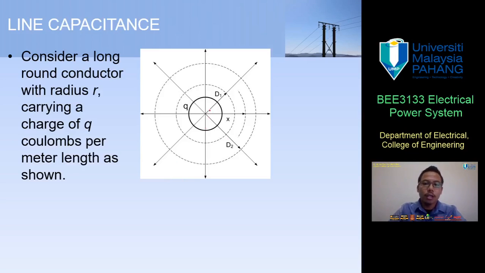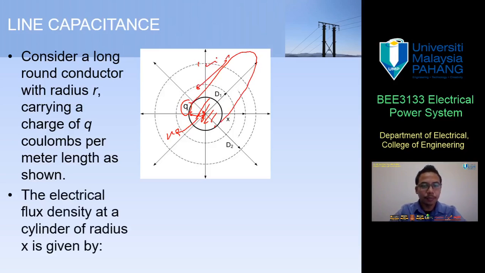So this is the phase conductor, a round conductor with radius R, carrying a charge of Q coulombs. As with the inductance, we assume the standard length is 1 meter. We just assume that at the first place.